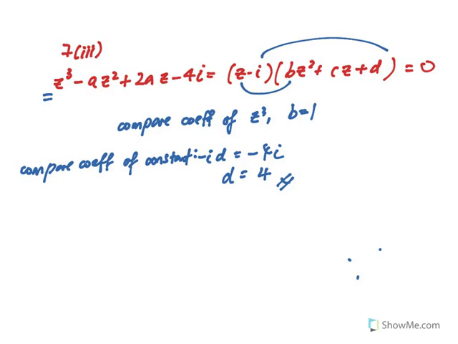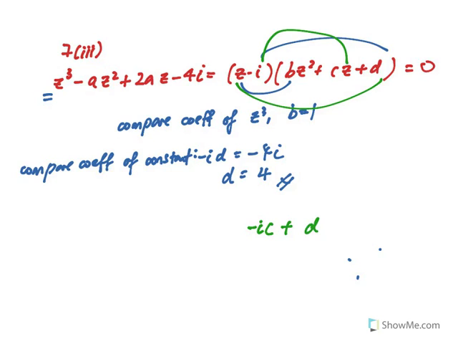Last but not least, I need to find what c is. So I can compare the coefficient of z. The terms that give me z are as follows. One is negative ic. The second is zd, so it's just plus d.